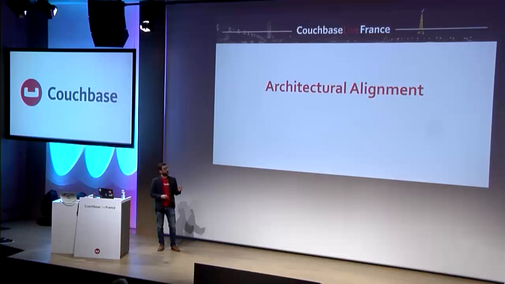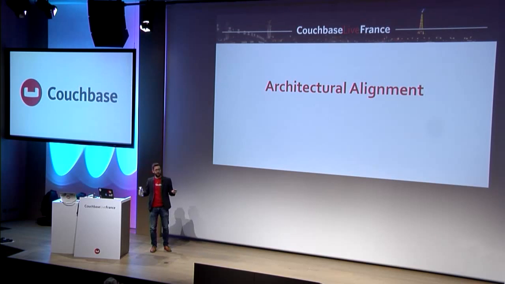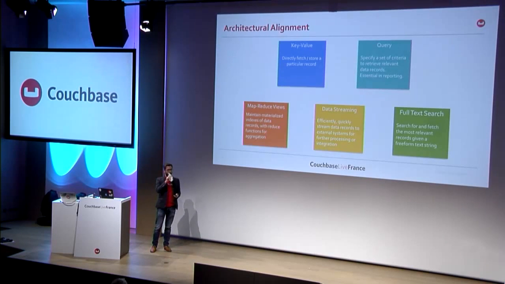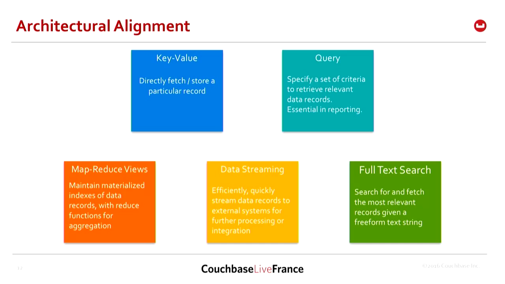So in order to explain a bit more clearly how the architectures are aligned, I need to just touch a little bit on how Couchbase actually works, and a bit more on these interfaces that I mentioned previously. So there are 5 pieces on here, the last of which is full-text search.